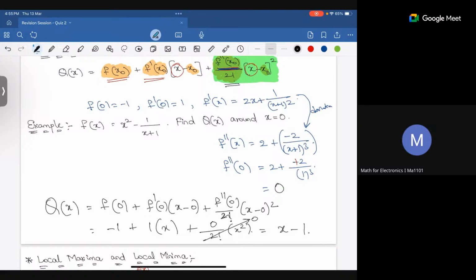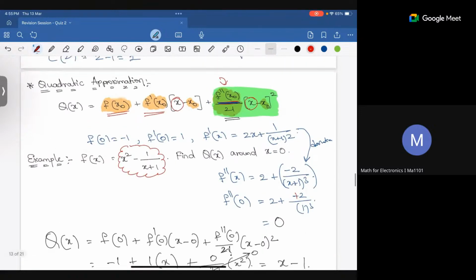That means your function x square minus 1 by x plus 1 around 0 is actually behaving like a straight line. It is almost like a straight line. So even if you take a quadratic approximation, it will do a straight line approximation only. So no major difference. But for other examples, this will change.